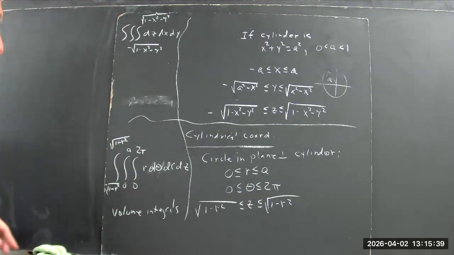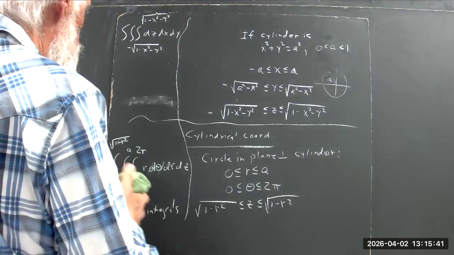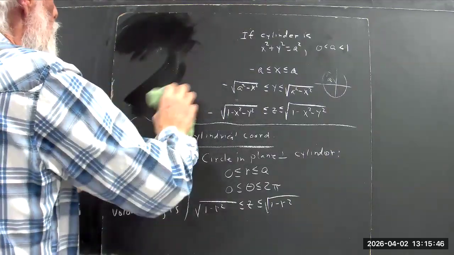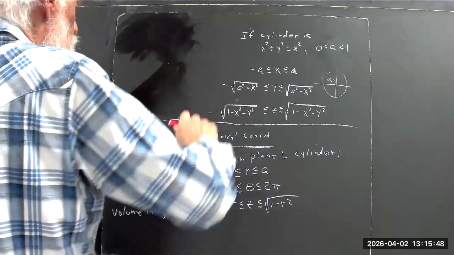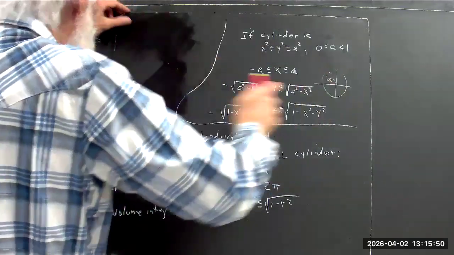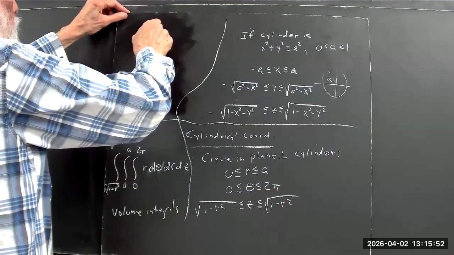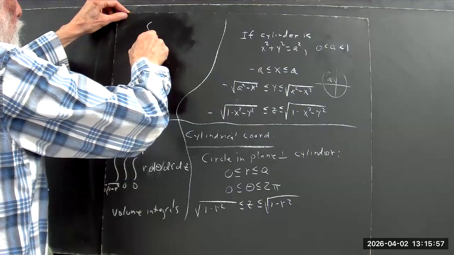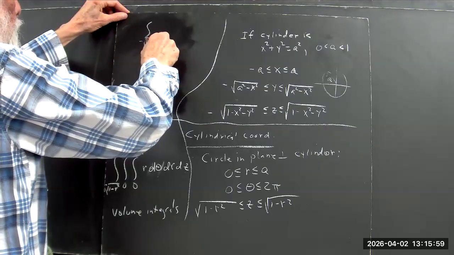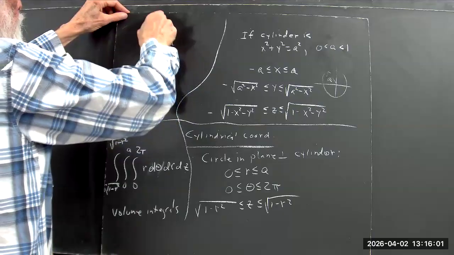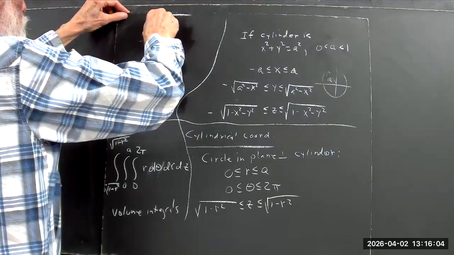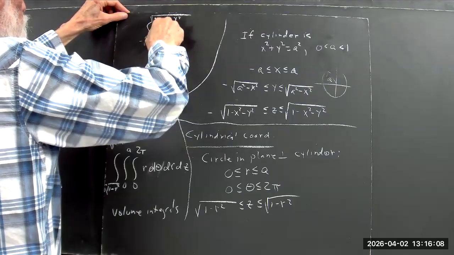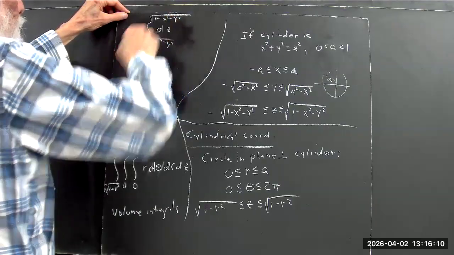I need to write it bigger. So I'm going to give myself more room and rewrite it. This last integral was from negative square root of 1 minus x squared minus y squared to the square root of 1 minus x squared minus y squared, and that's with respect to z.